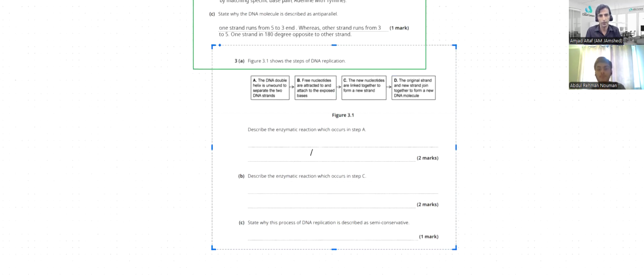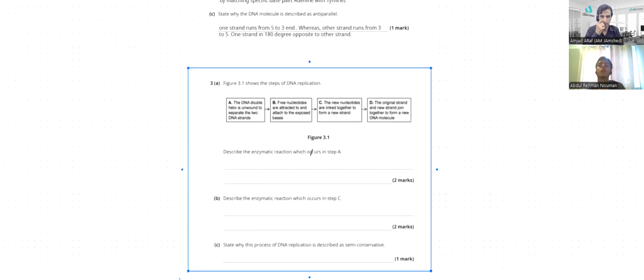Yes, this one. So here you have a diagram that shows the steps of DNA replication. The DNA double helix is unwound to separate the two DNA strands. Free nucleotides are attracted to and attached to the exposed bases. The new nucleotides are linked to form a new strand.